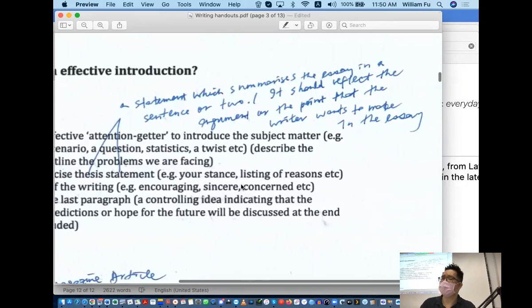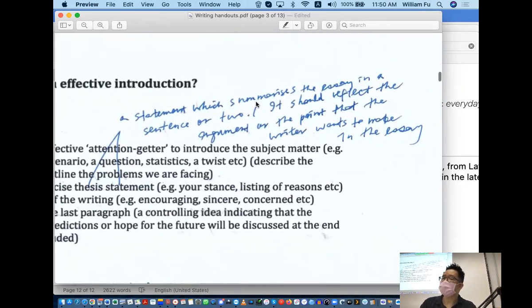Now, what is a thesis statement here? A statement which summarizes the essay in a sentence or two. I repeat, thesis statement, 一個主題句. It should reflect the arguments or the points that the writer wants to make in the essay.